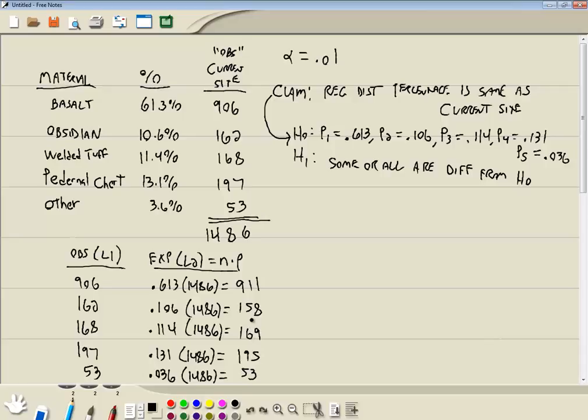A lot of these look really close, so it'll be interesting to see what this test comes out with. Okay, so let's go put these in the calculator.